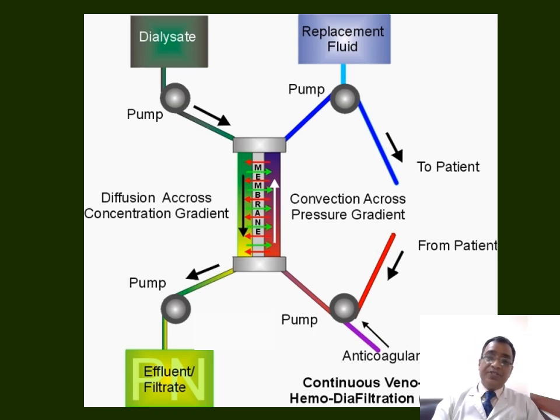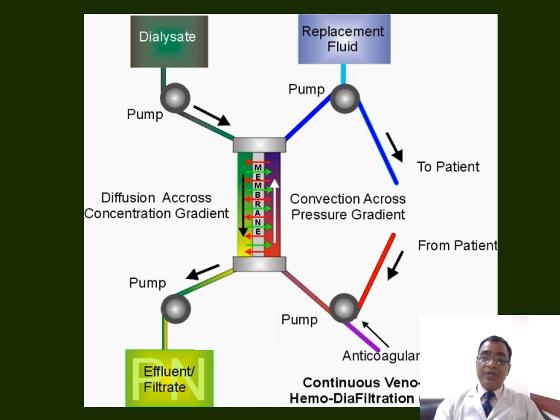So from the patient, and of course you require one more pump. If you don't require the replacement fluid, then one pump is good enough. But now you require one more pump for the replacement. So a large amount of ultrafiltration is happening and you are replacing the fluid. Along with that you require a dialysate, so one more pump will be there, and there is a countercurrent movement of this fluid to the blood. So it is from above downward, and this is from below upward.